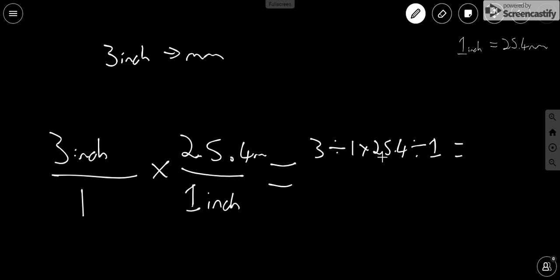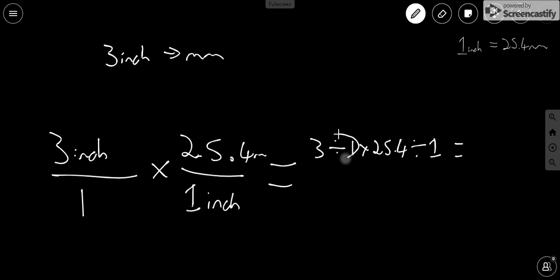That's a really long-winded way of writing it, and it's got a number of things in there that are irrelevant, because if you divide something by 1, you're always left with the same number that you started with. If you divide 3 by 1, you're left with 3. If you times 3 by 1, you're left with 3.